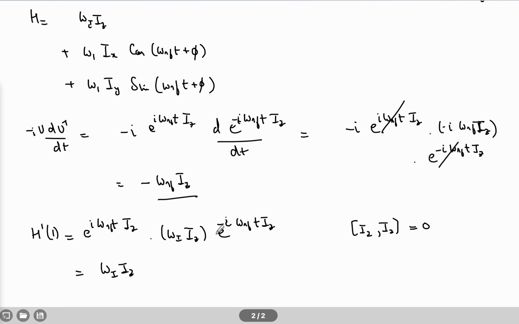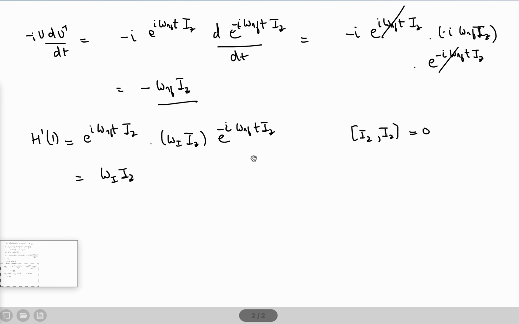If we apply a transformation using a unitary operator, it should not change the Hamiltonian, and it is not changing. So explicit calculation you can try, and if there is any problem we can of course discuss.